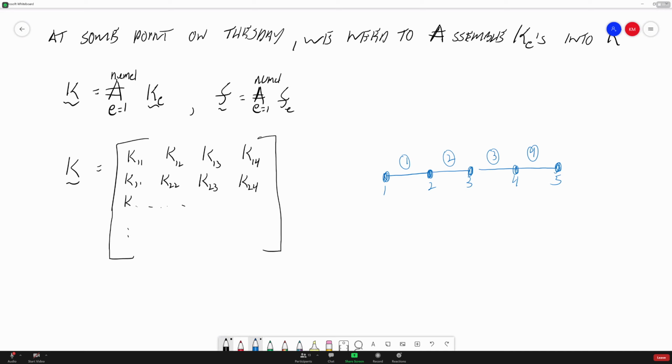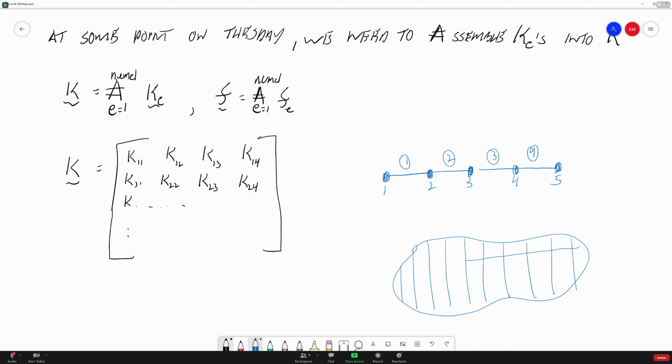Because if you take some potato and you have a program that's looking at this geometry and it's trying to figure out how it's going to discretize this, how it's making this mesh, it's not always going to be perfect, right? It's not the same mathematics. We haven't talked about how you take a geometry and you apply a mesh to it.